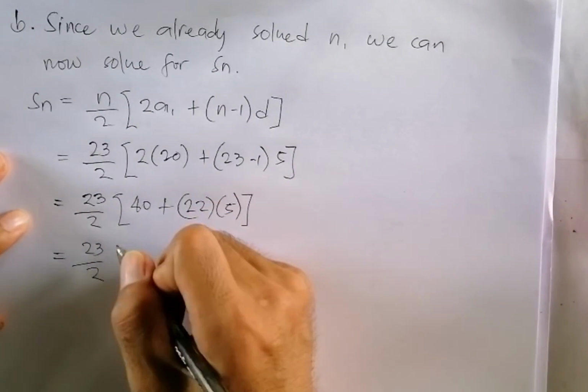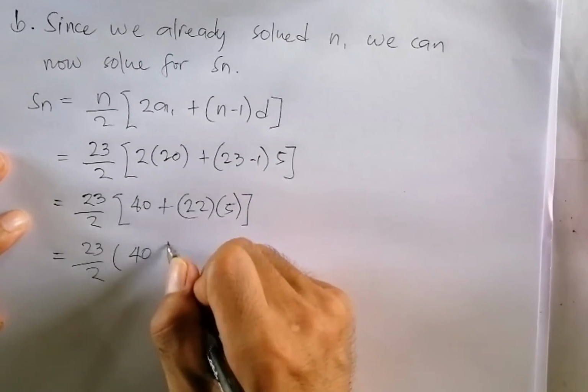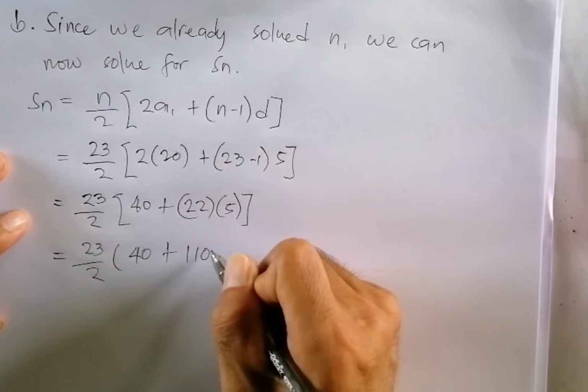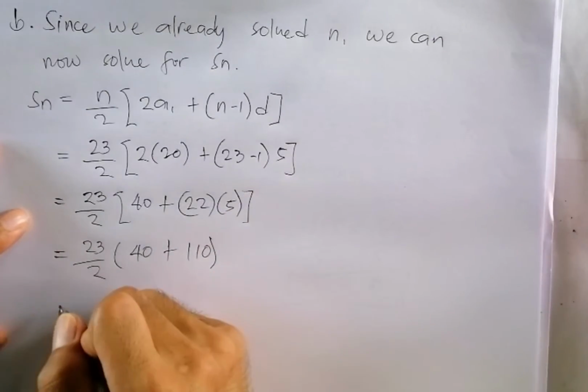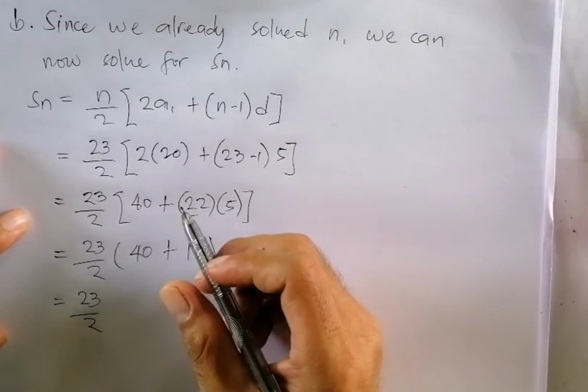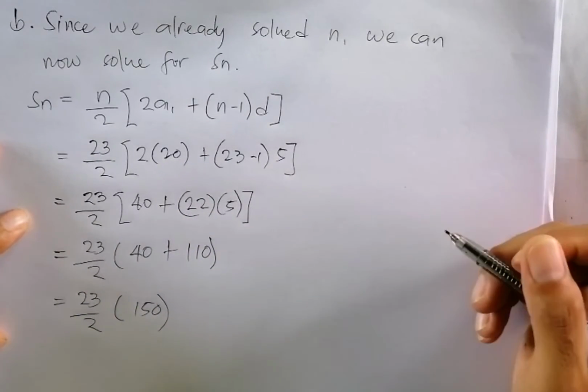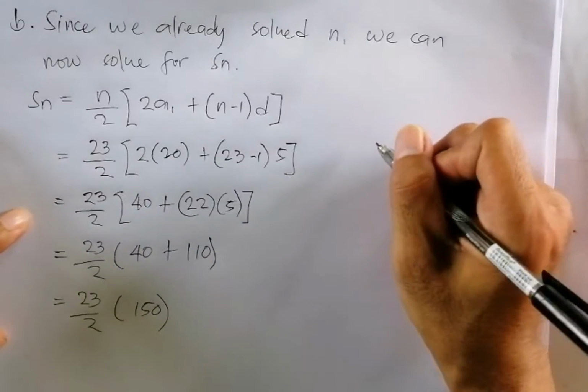Over 2 and 40, then multiply 22 times 5, 23 over 2, 40 plus 110, so that is equal to 150. Then divide 150 divided by 2.